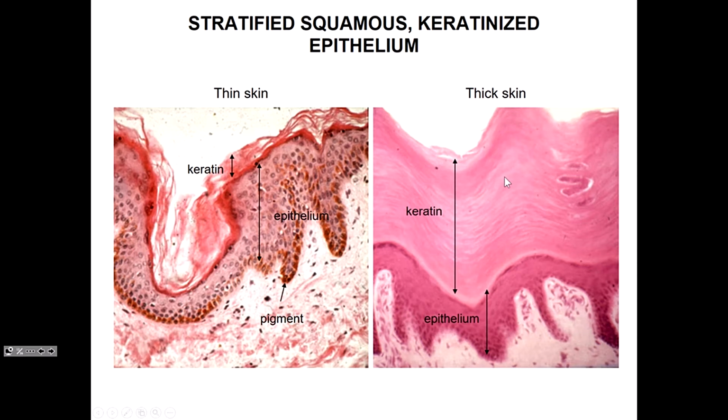So because we do have these dead keratinocytes, then it's keratinized, and the location has to be on the surface of the body. There is no keratinized integument inside the body. It's only on the outside of the body. Okay? Questions? Yes?